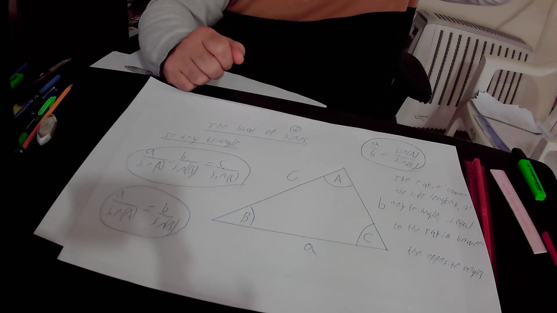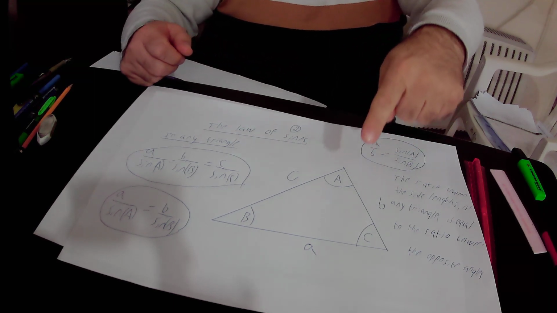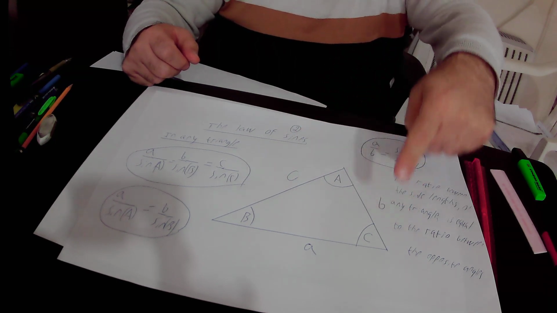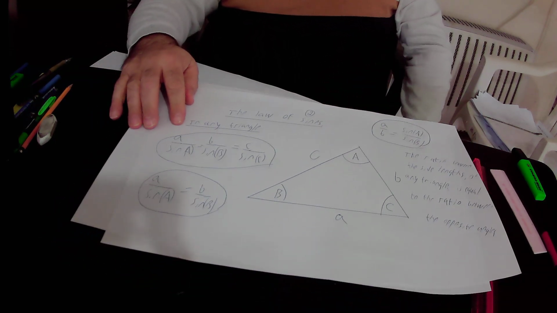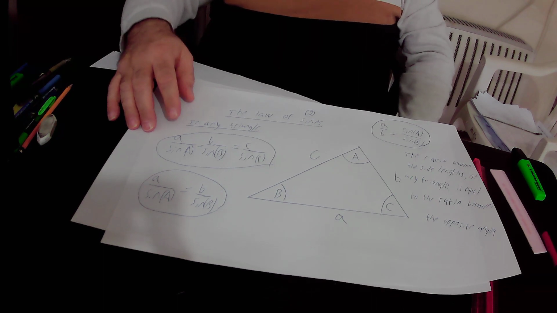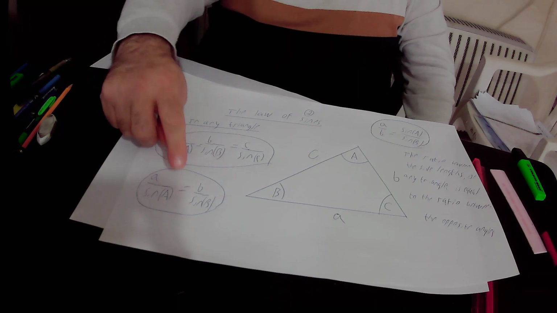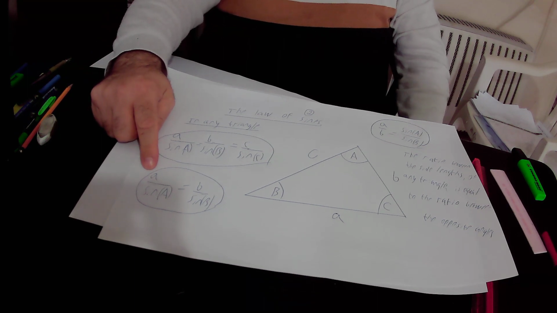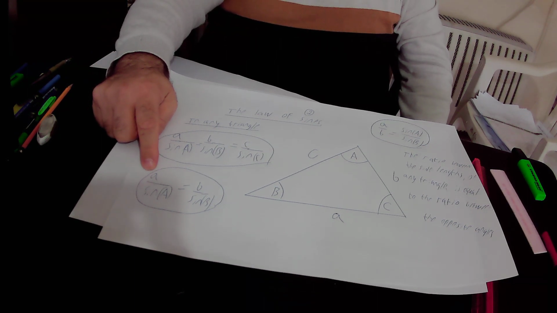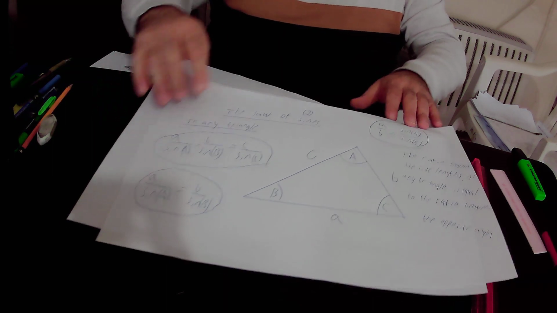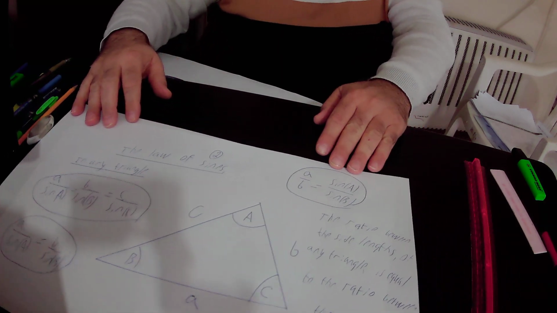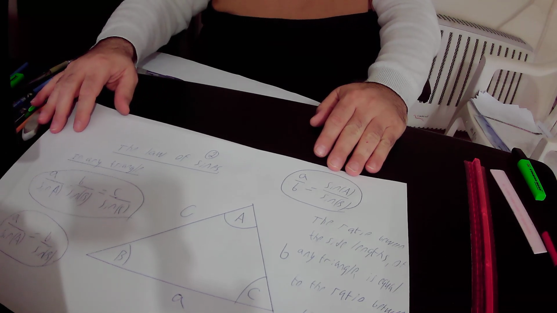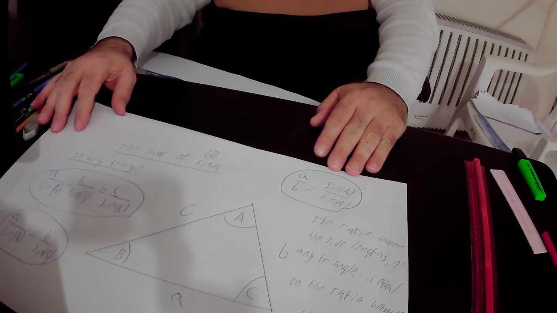Then according to the law of sines, A over sine A equals B over sine B equals C over sine C. From this formula we derive that A over sine A equals B over sine B. We divide this equation by B and multiply it by sine A, and we get that A over B equals sine A over sine B. What is the meaning of this equation?